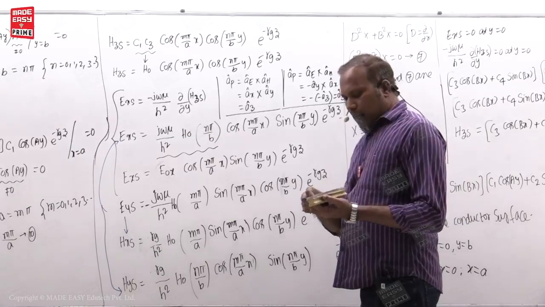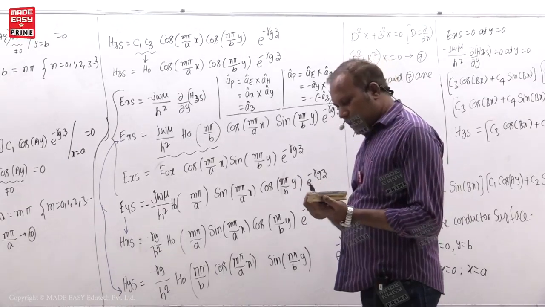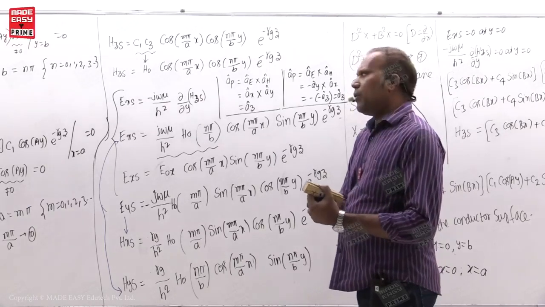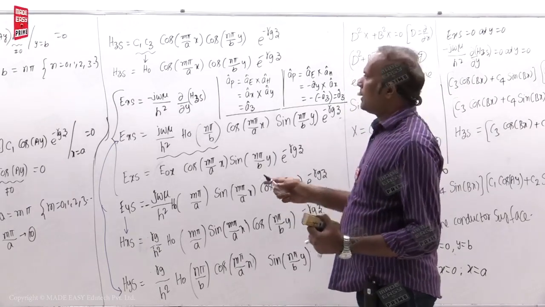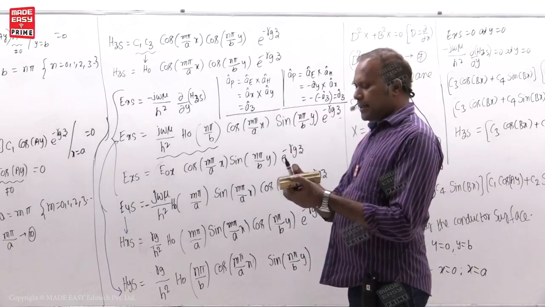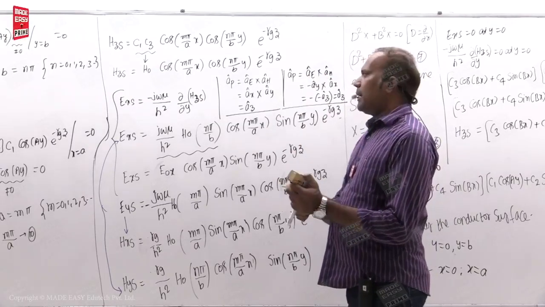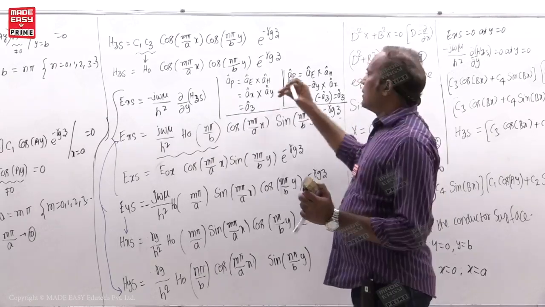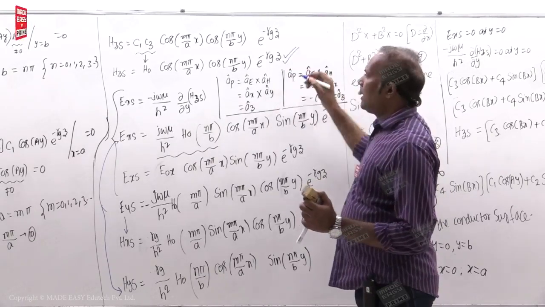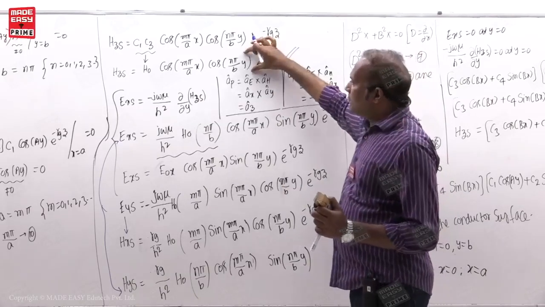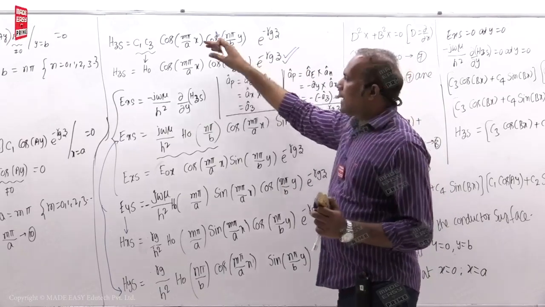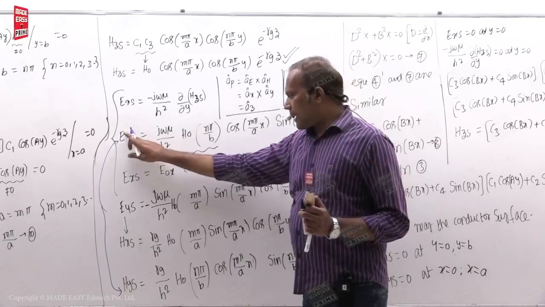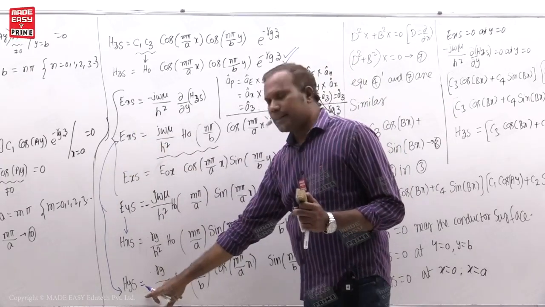So I am briefing this one. What is happening here? I told you at the beginning, before starting the derivation, that HZS is the mother component for TE mode. Mother component means main component. Then this mother component generates EXS, for example. Then this EXS generates HYS.